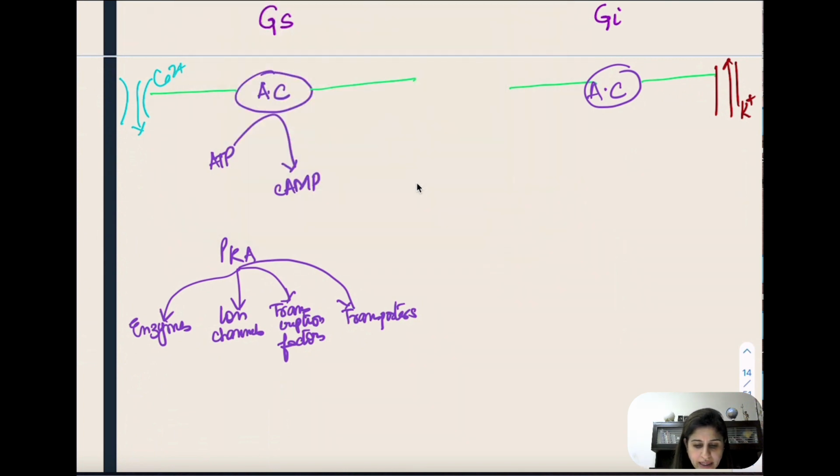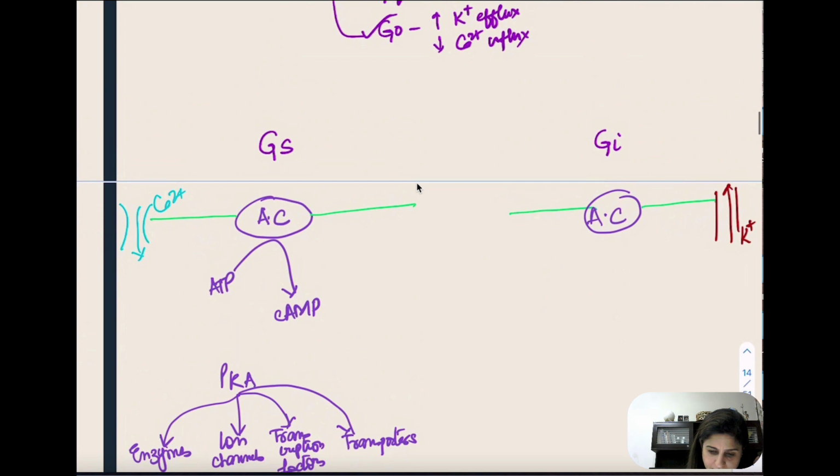Now, I told you that there are 3 proteins attached. This is the serpentine receptor here: 1, 2, 3, 4, 5, 6 and 7 times. Here we have the G protein attached, with alpha, beta and gamma.